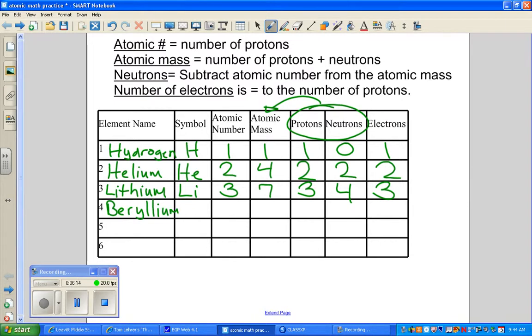What's the atomic number? What's the mass? 9. 4 plus what equals 9? 5. So there's 5 neutrons. Sorry, I jumped ahead. How many protons? 4, same as the atomic number. How many electrons? 4, because these two cancel each other out, the charges.